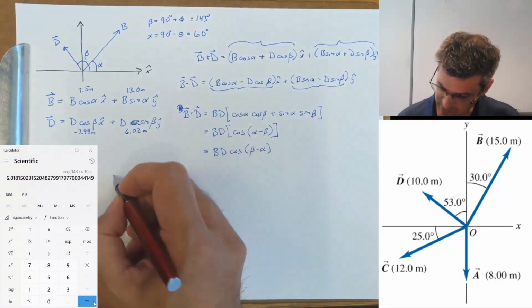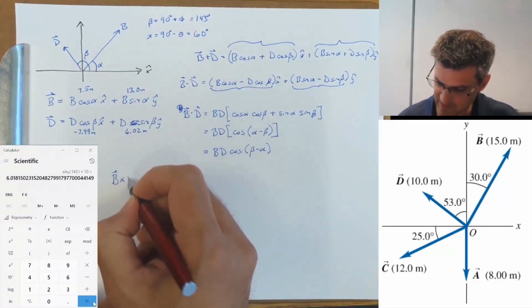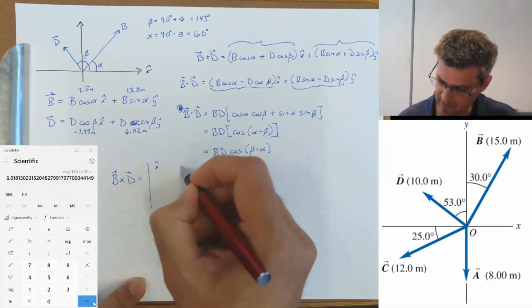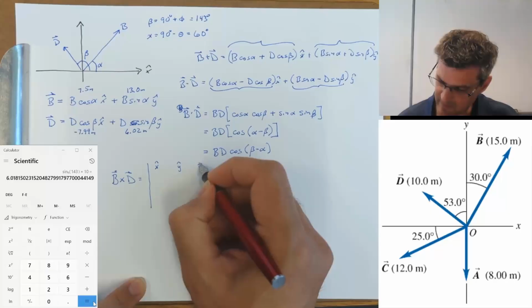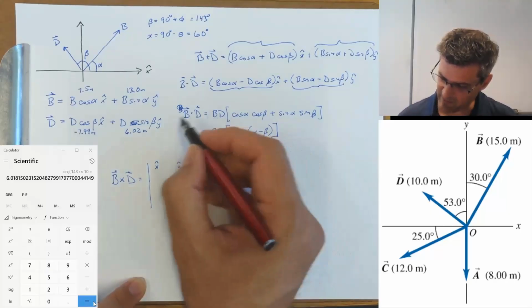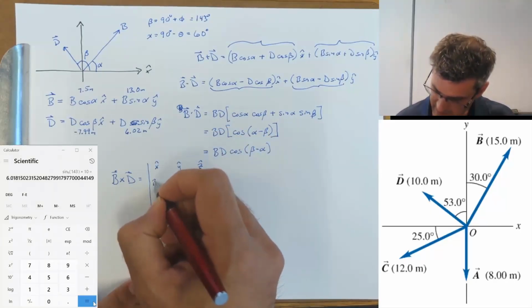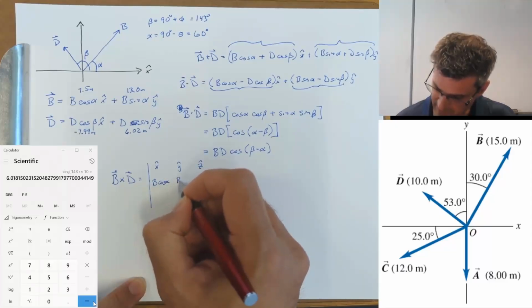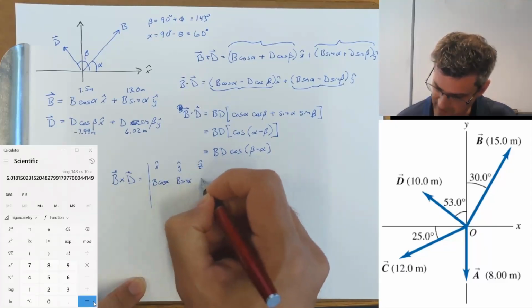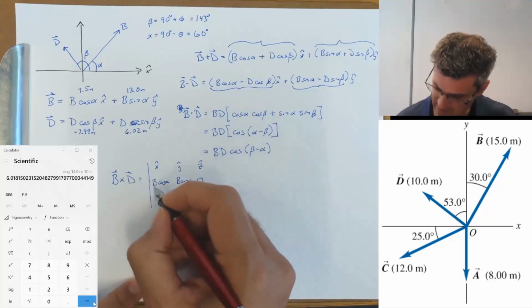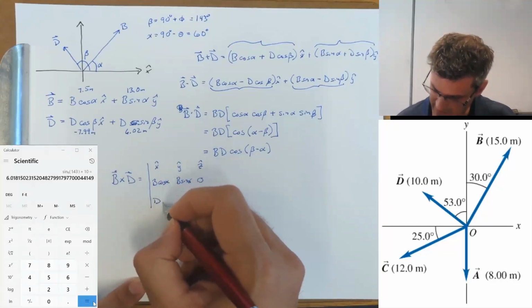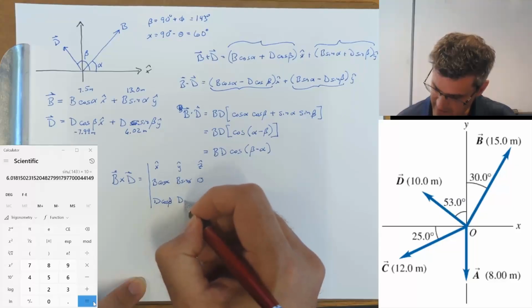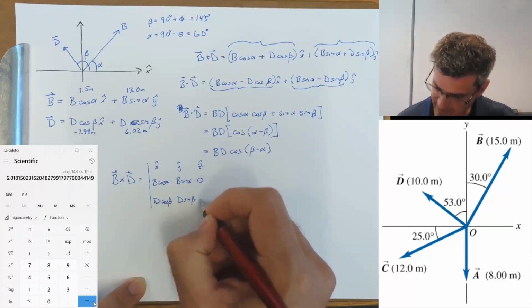If we were looking at cross products, the x component of b, b cosine of alpha, b sine of alpha here. For d, we've got d cosine beta, d sine beta.